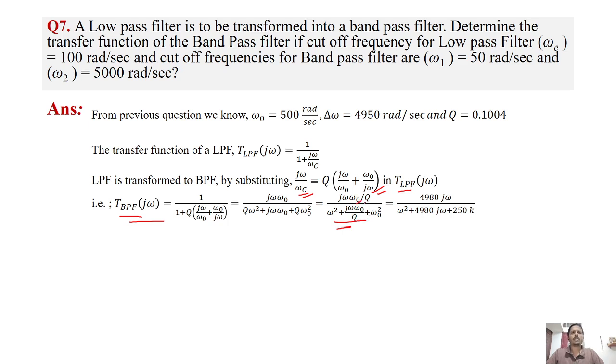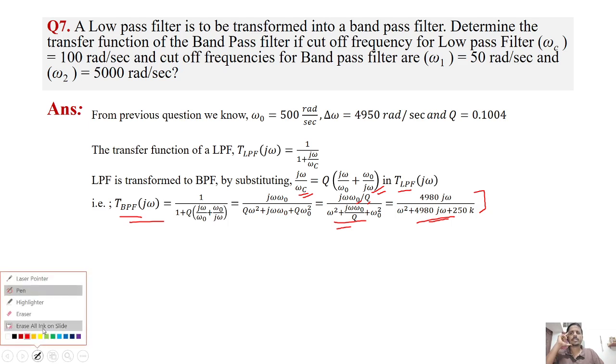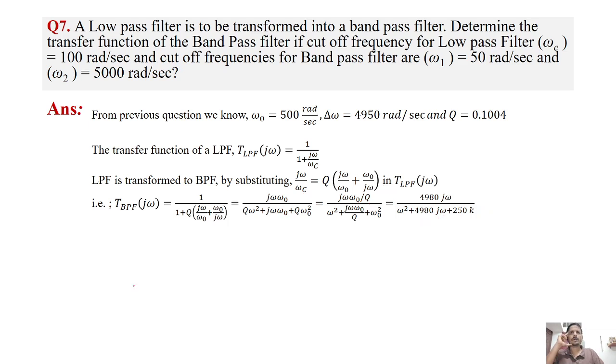I know the values of omega naught and Q, so on substituting, we'll get the transfer function of the band pass filter as this relation. I guess it's clear. So this is the question to find the transfer function of the band pass filter.